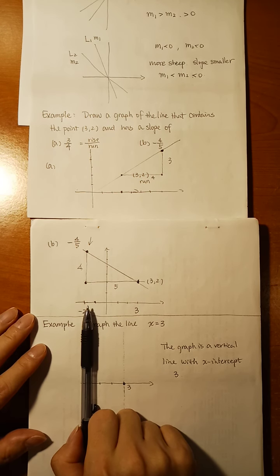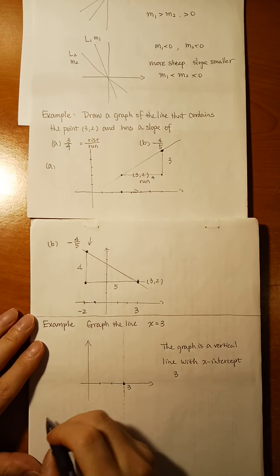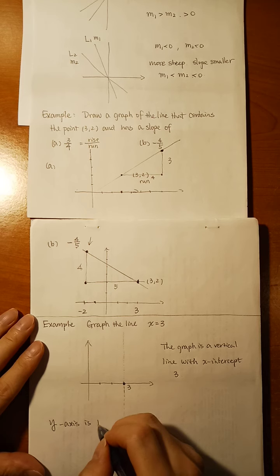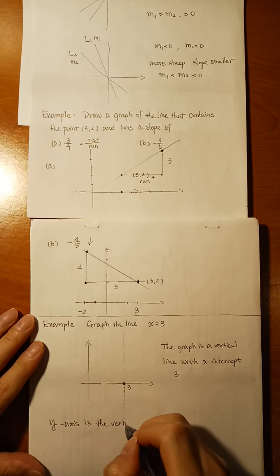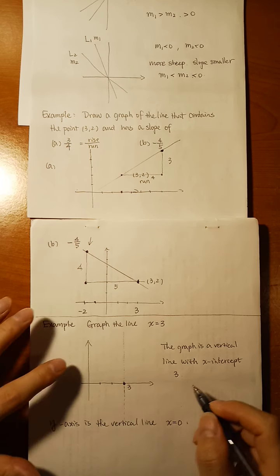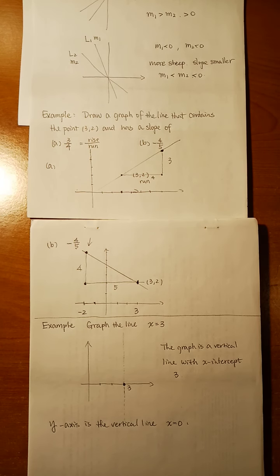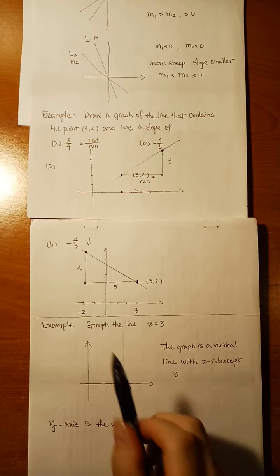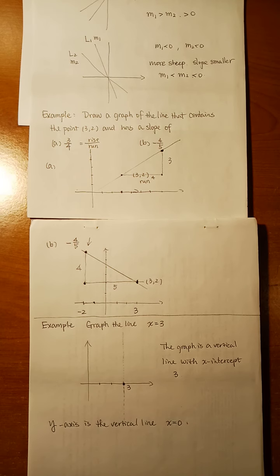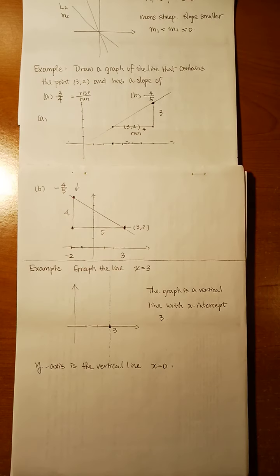It's x equal to 0. Every point on this line has x coordinate 0. And if you put one in the middle, it will be the vertical line x equal to 1 1/2. Okay, so that's our vertical line.